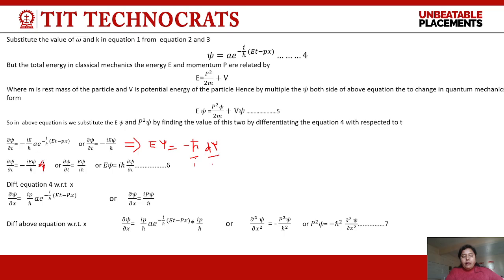Got it? But see here, where is the iota? Iota is an imaginary number and it comes in the division, but we need it in a multiplication way. So to get it in multiplication, we can rationalize it. So how can we rationalize it?